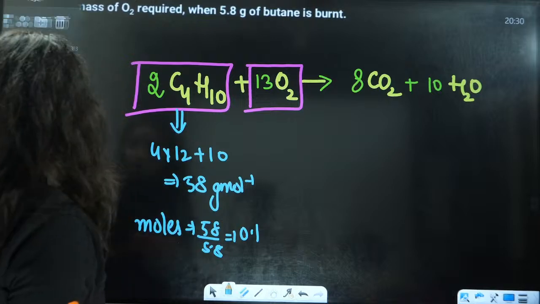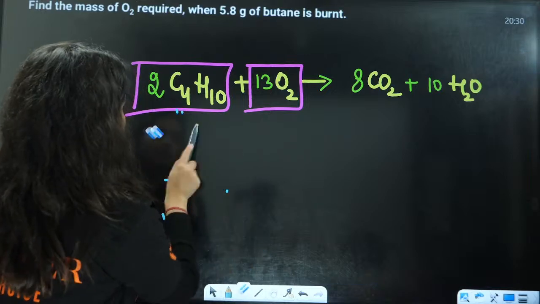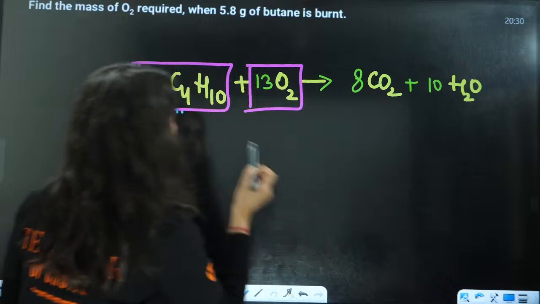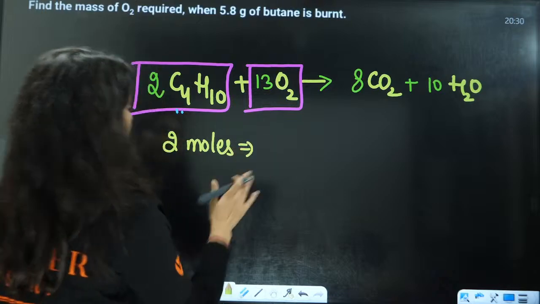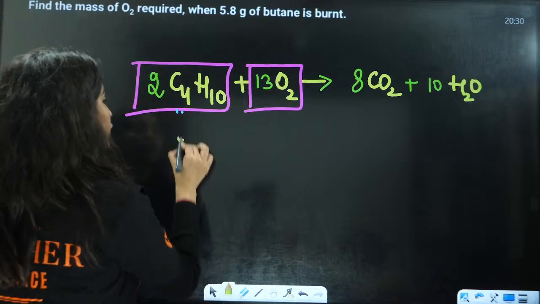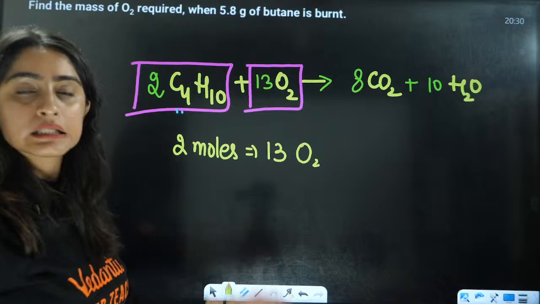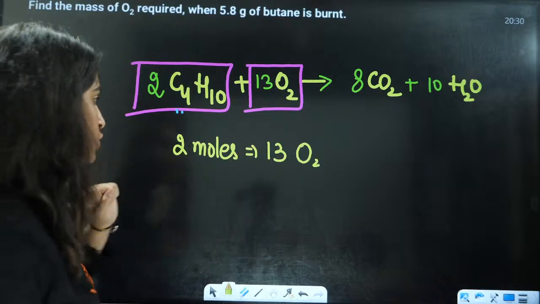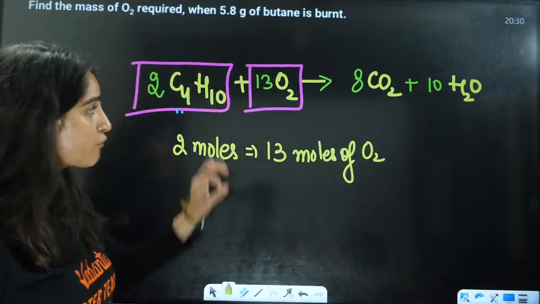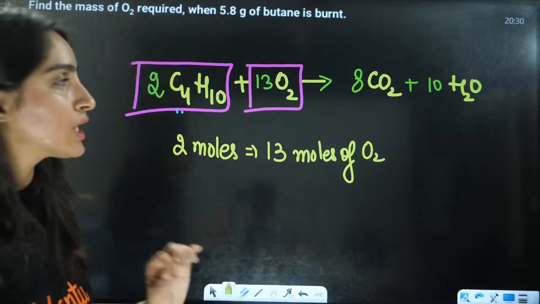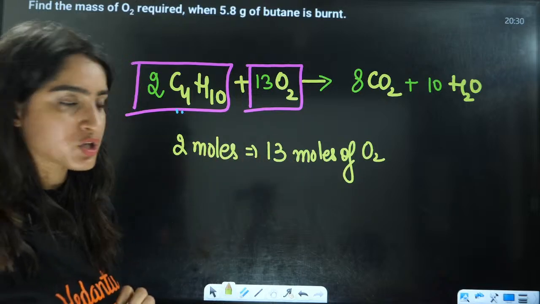So after this, I am going to apply the stoichiometry here. This is given to be 0.1 moles. For the balanced chemical equation, 2 moles of butane consume 13 moles of oxygen, right?